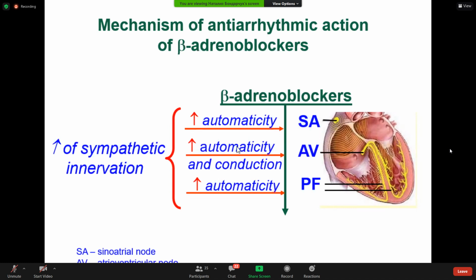So all these parameters will be reduced with the administration of beta blockers. So the antiarrhythmic action of beta blockers in the treatment of arrhythmias is the reduction of automaticity of the sinoatrial node, reduction of automaticity and conduction of the AV node, and decreased automaticity of Purkinje fibers.